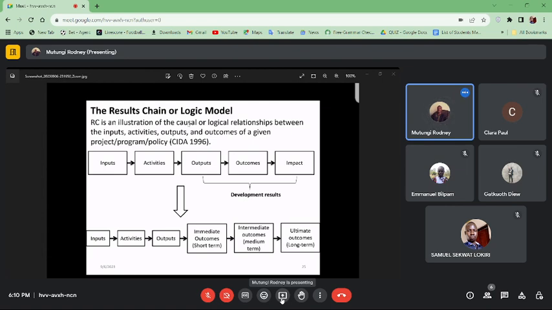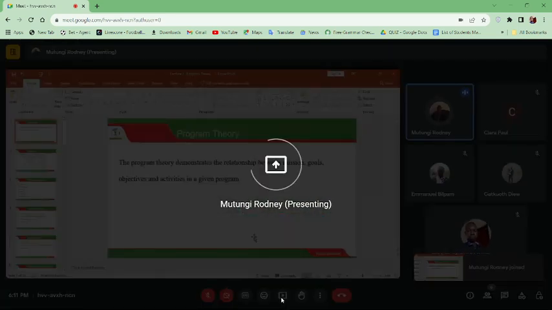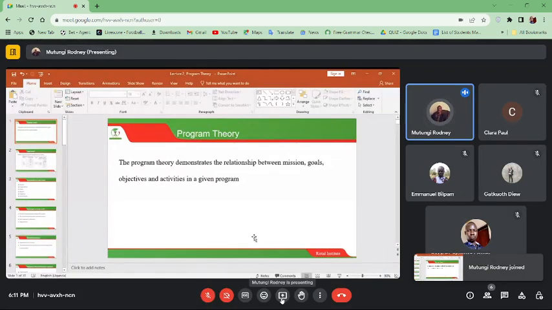So that was it, and now we can go on with our presentation for today. We want to look at how these things flow with each other, and we are defining all this as the program theory, one that demonstrates the relationship between the mission, the goals, the objectives, and activities in a given program.